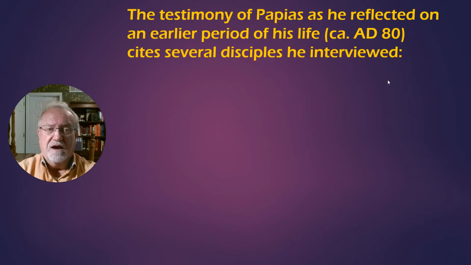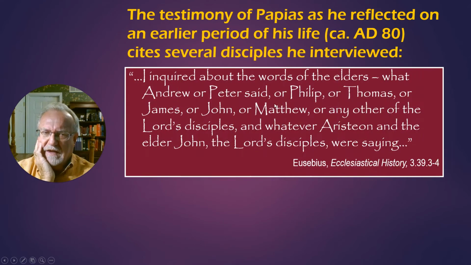Papias is going to be reflecting on an earlier period of his life when he was interviewing people who had known Jesus personally. And he cites actually several disciples that he interviewed. Probably this is going to be around 80 AD, something like that. This is what he says.